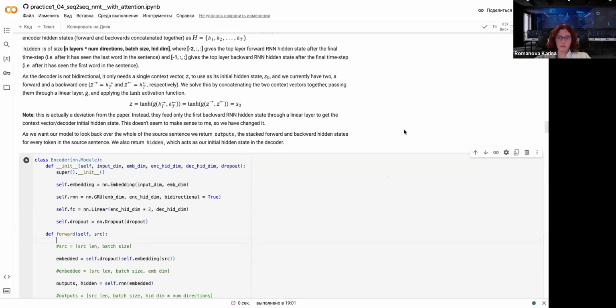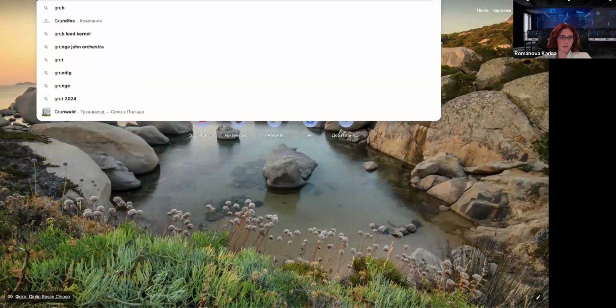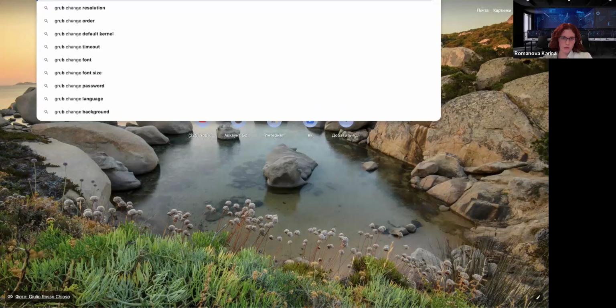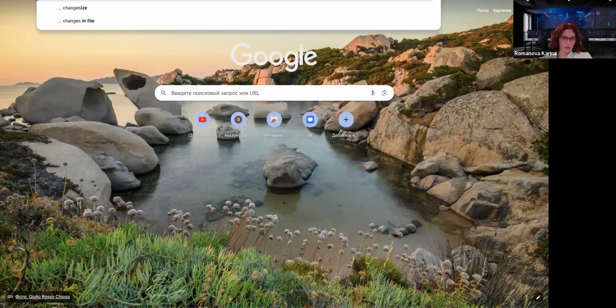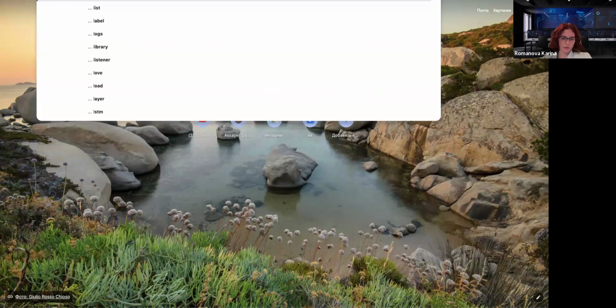You can search for it on Google. For example, I will type the changes of GRU from LSTM or something like this.